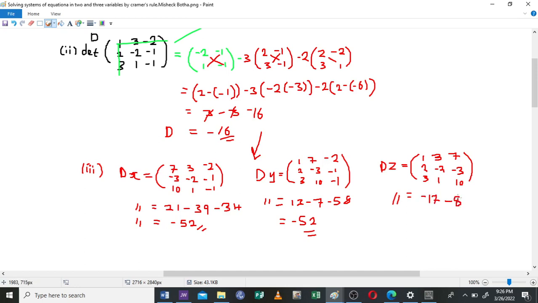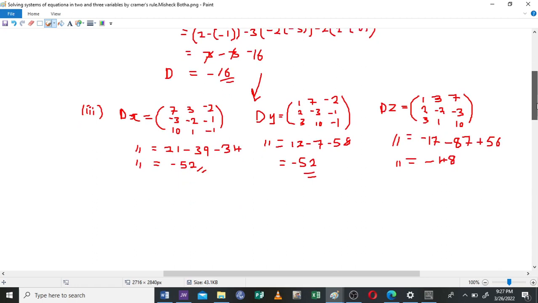Now negative 87, and you have plus 56, right? Now this will give you nothing but negative 48. So this is what we are getting.